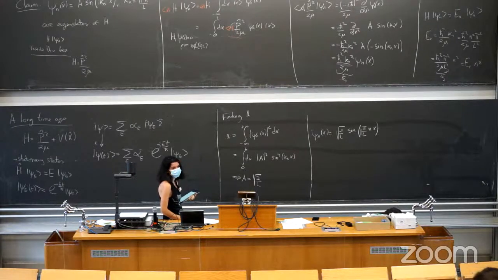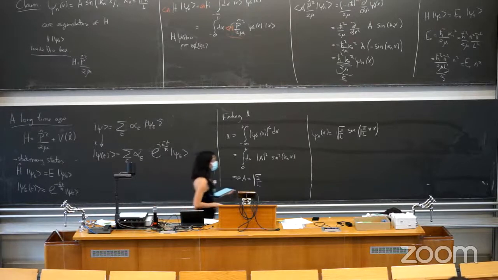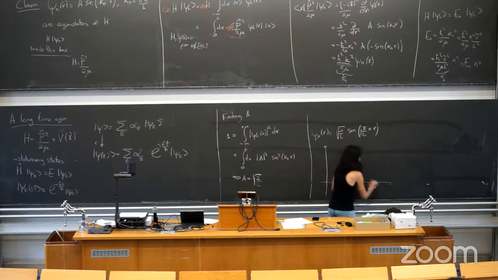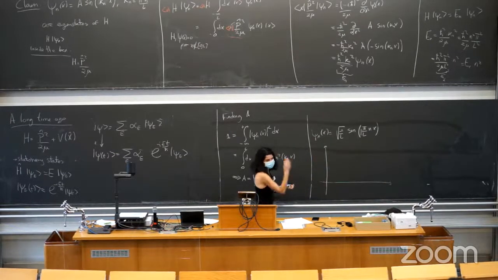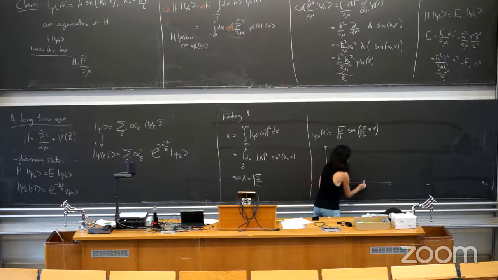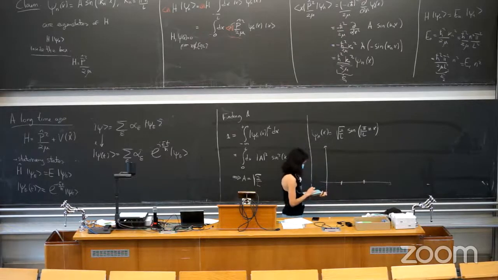Yeah, okay, so maybe I should have remarked more on this. So the eigenstates of this Hamiltonian, even though position is continuous, they are not continuous, they're discrete. And one can show that these are actually the only eigenstates of the thing.